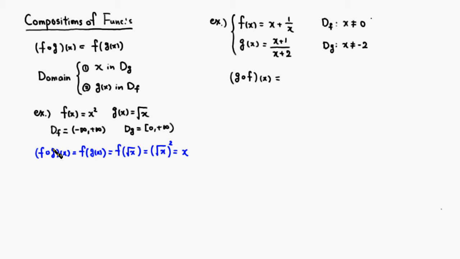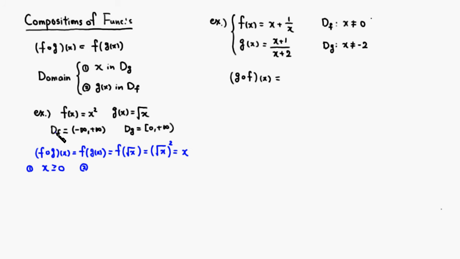First we have to make sure that g makes sense. So x has to be in the domain of the inside function, which means that x is greater than or equal to 0. Then we also have to make sure, so I'm going to put 1 and 2, that the square root of x, which is the inside function, is in the domain of the outside function.